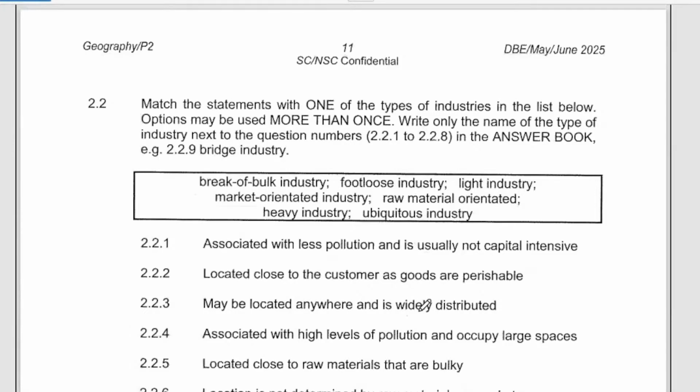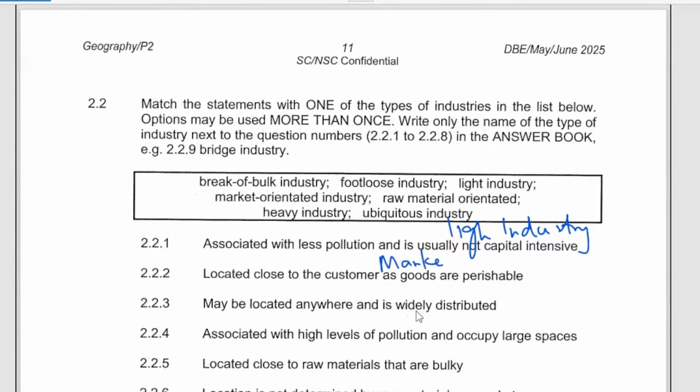Match the statements with one of the types of industries in the list below. We're looking at the types of industries. Right, the first one, 2.2.1: associated with less pollution and is not capital intensive. This is a light industry. Then located close to the customer. Whenever we're talking of customers, we're looking at the market.